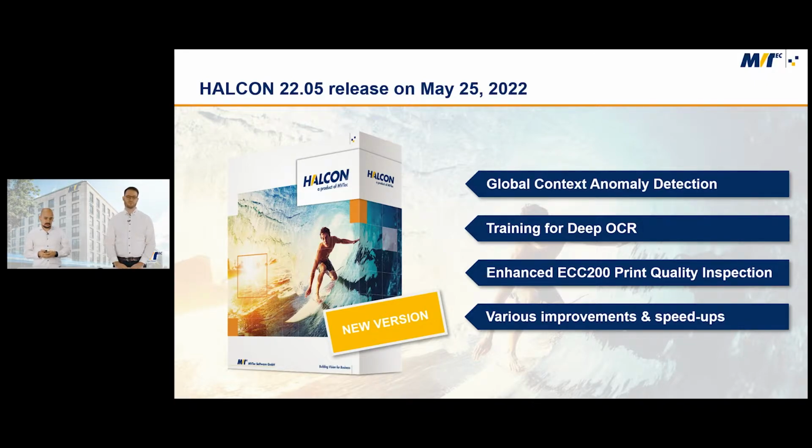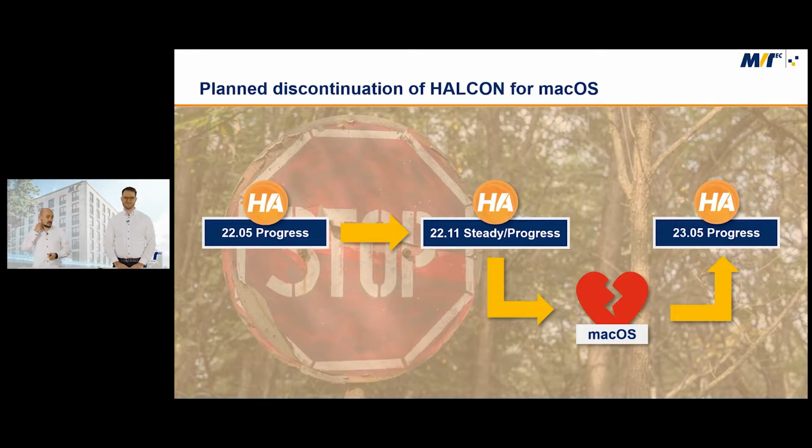of the webinar. Before we dig deeper into these features, we have one announcement to make, and I know that some of our customers will not be very happy to hear it, but MVTec plans to discontinue HALCON for macOS at the end of the year.